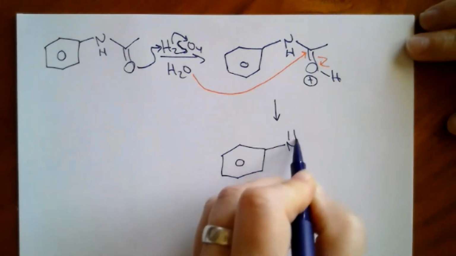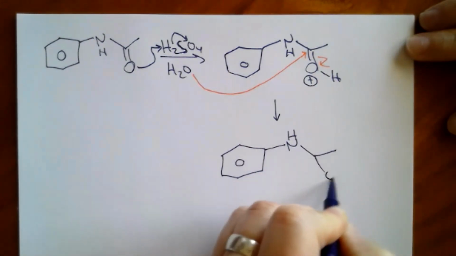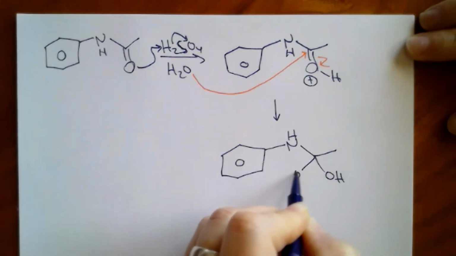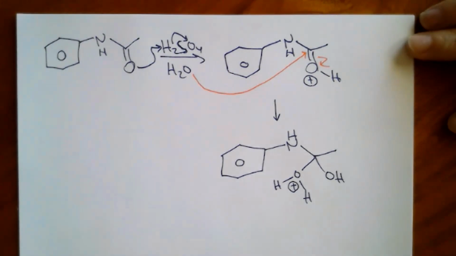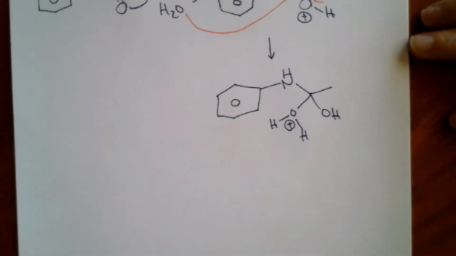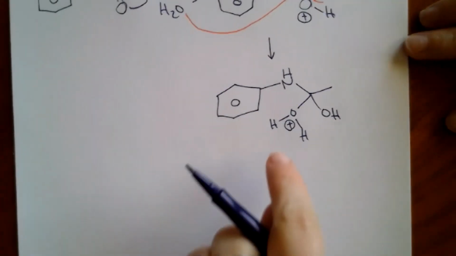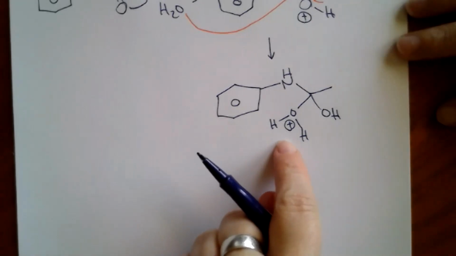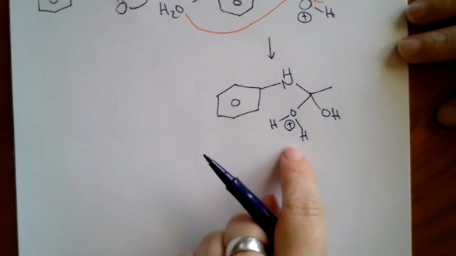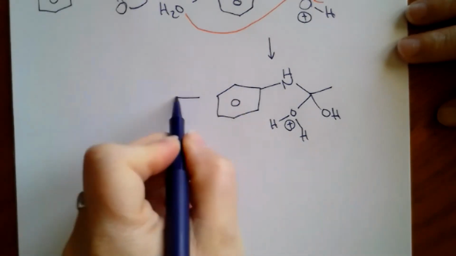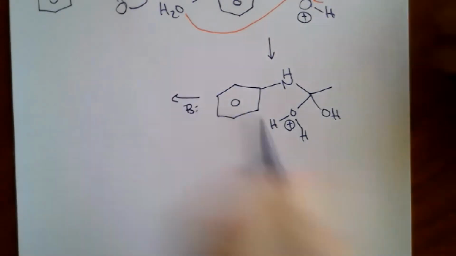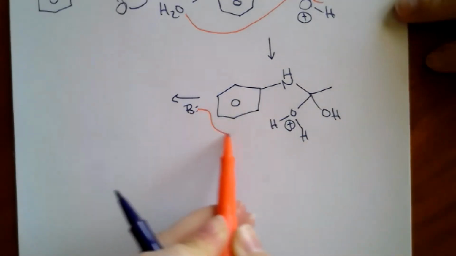Amides are not very reactive. They need to be catalyzed by something like acid or base. So we got here, like all the others, when you get here and your nucleophile that just attacked is positively charged, clean up, everybody clean up.